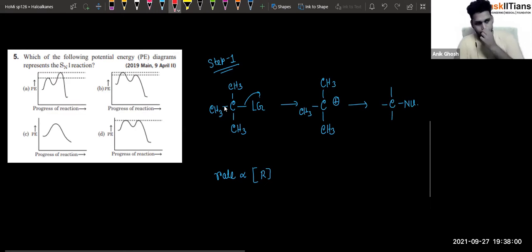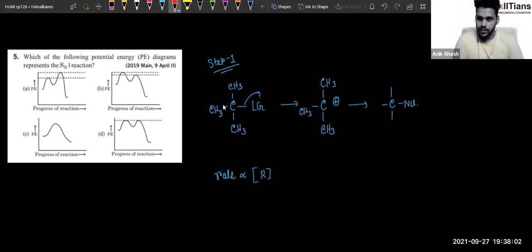Now, guys, if I ask you which step is destabilizing, or which step would take more energy to happen, or which product is more reluctant to form, the step 1 product or the step 2 product?